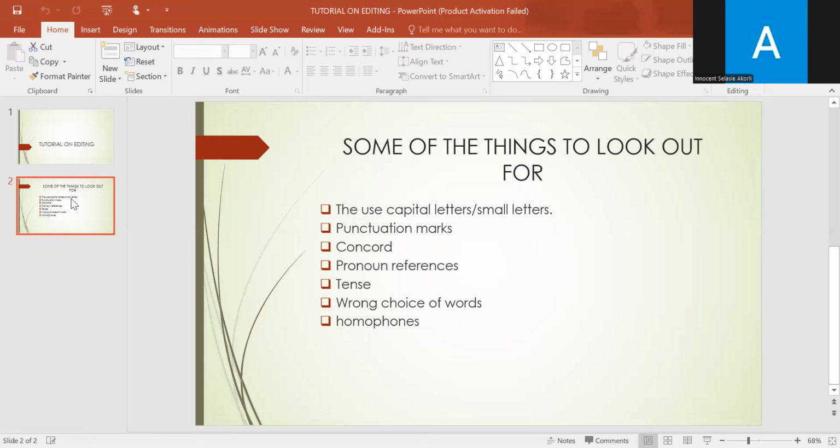So punctuation marks. For example, you may see a passage without the full stop at the end. You know, every passage must have a full stop at the end. That is maybe what they call end mark. If it is a question that ends the passage, then there should be a question mark.